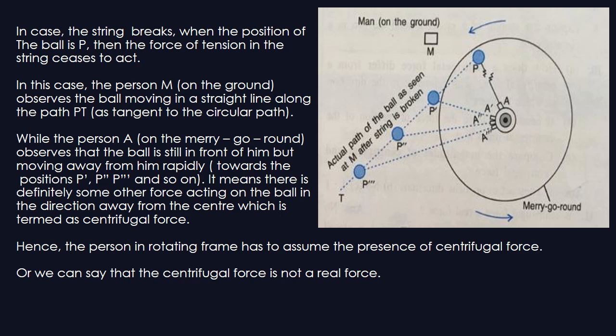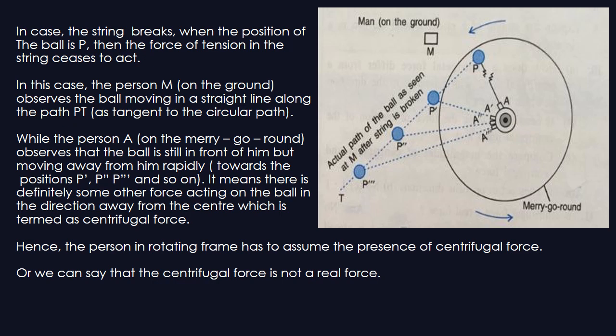So since the ball is moving away from the center, there must be some other force, other than centripetal force, which is capable of taking the ball away from the center. So this force is assumed as centrifugal force.